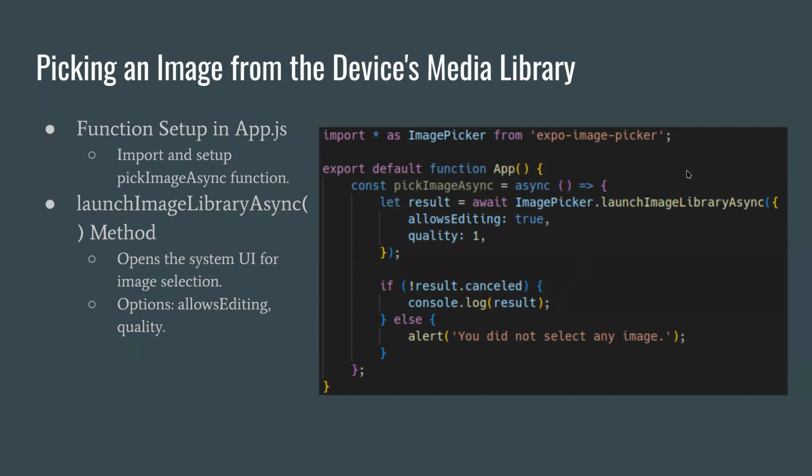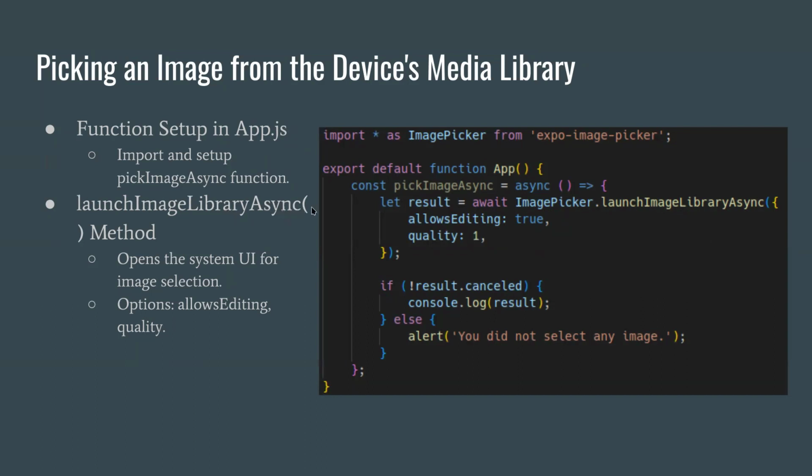Here we can see that we installed Expo Image Picker, so we're importing everything from ImagePicker. And within pickImageAsync, we are calling launchImageLibraryAsync from ImagePicker, and we're passing a configuration: allowsEditing true and quality 1.